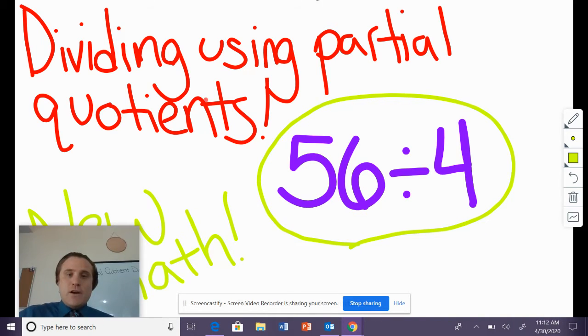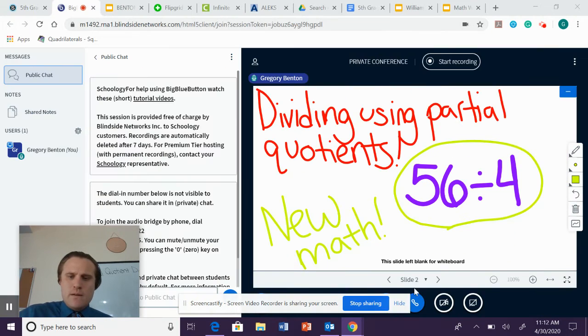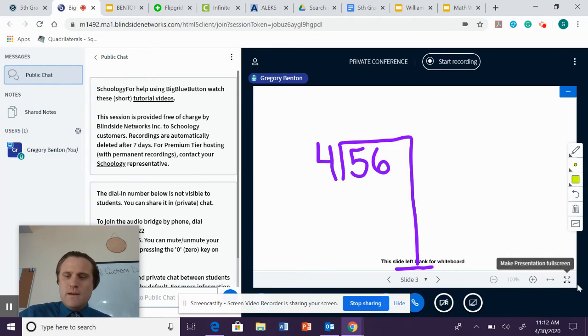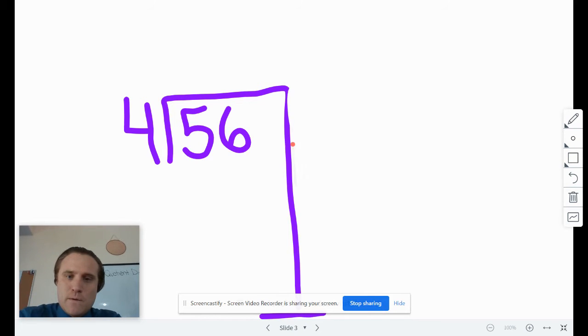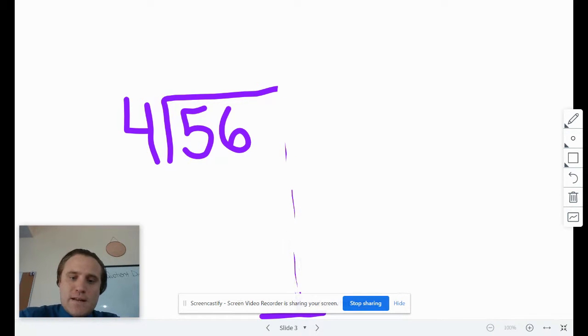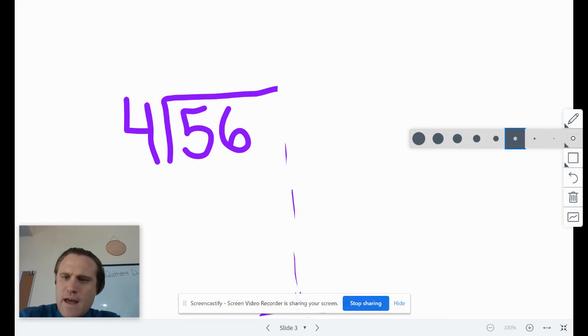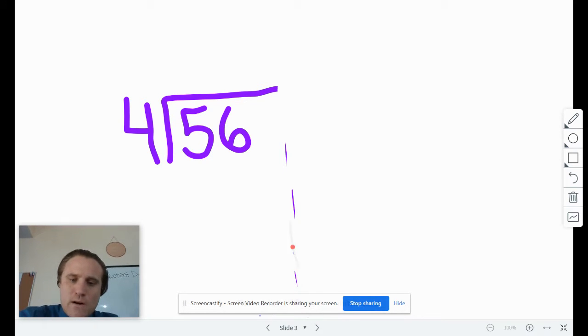Okay, I'm going to need to go to the next page on my whiteboard. Okay, there we go. Now, you'll notice I did something a little bit different here. This part up to here is a standard division symbol. That's our standard algorithm, so that's what we're used to. All right, we're going to do something a little bit bolder today.